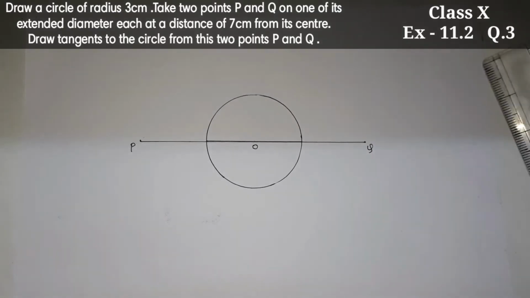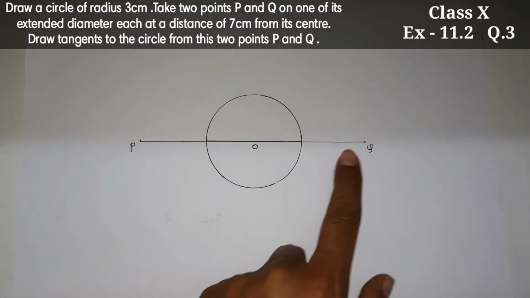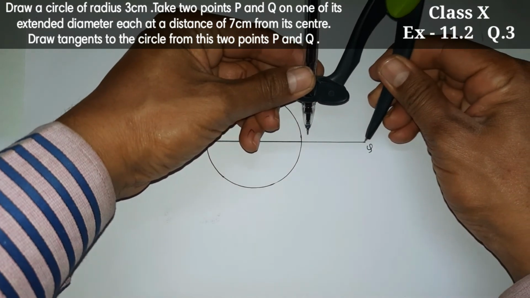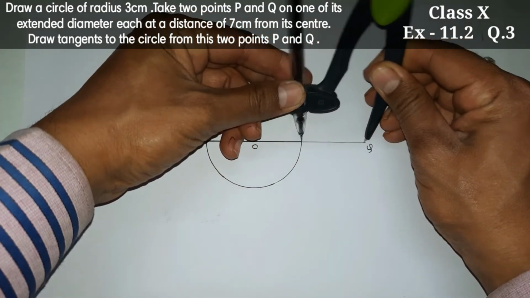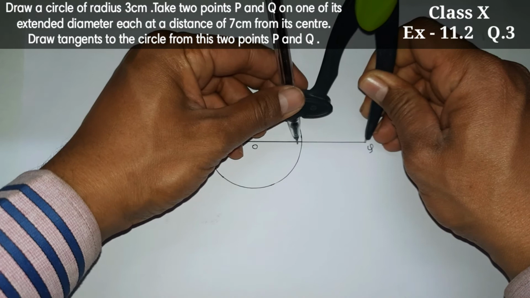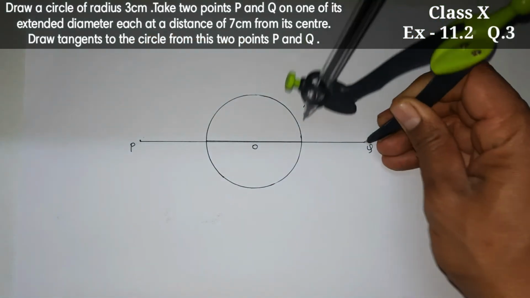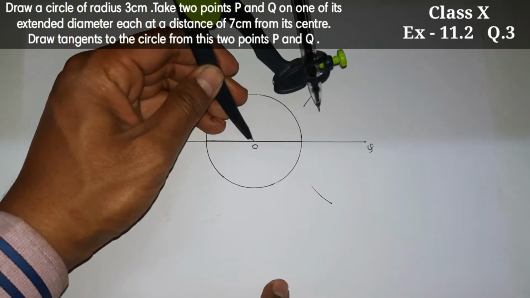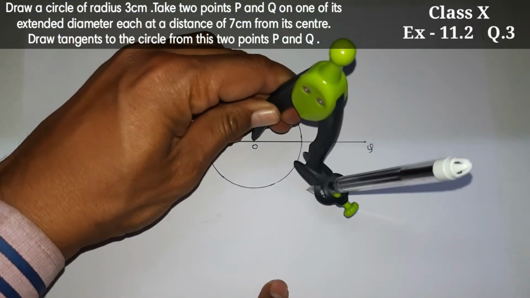So what I will be doing, my steps are, I will take a bisector of OQ by taking more than half. So more than half I will take and cut an arc from this like this, and from this point once again like this.